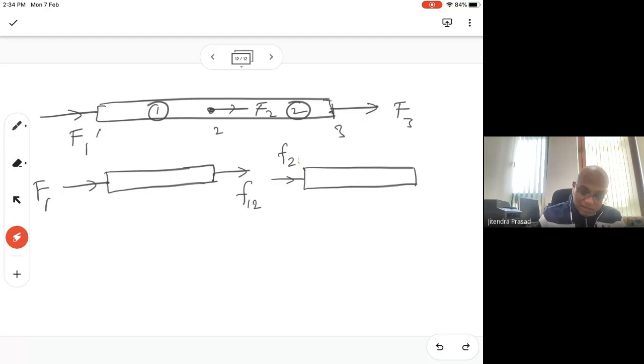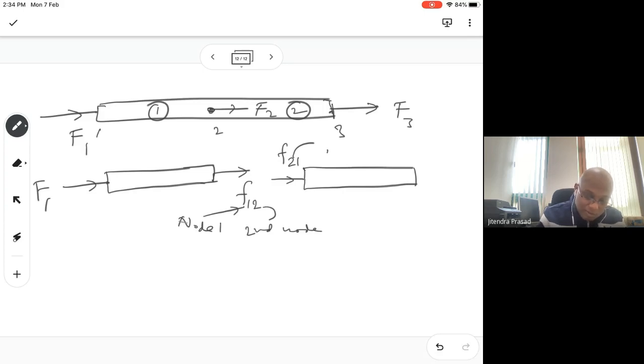F1 means node 1, second node. No, sorry, we have element 1, element number 2, node number 1.